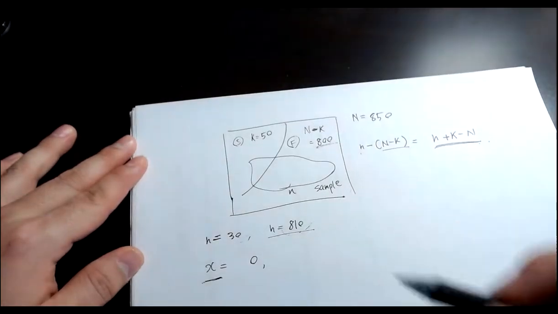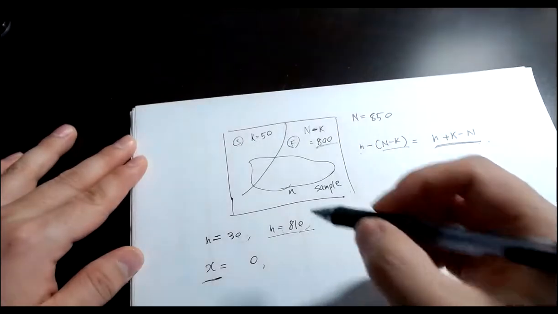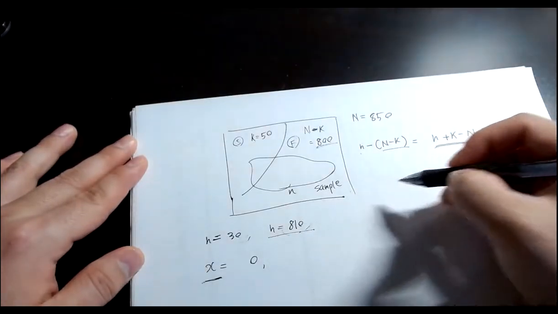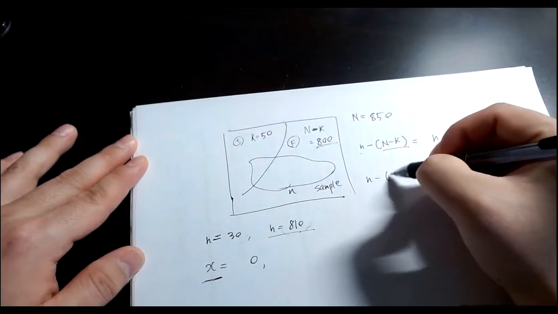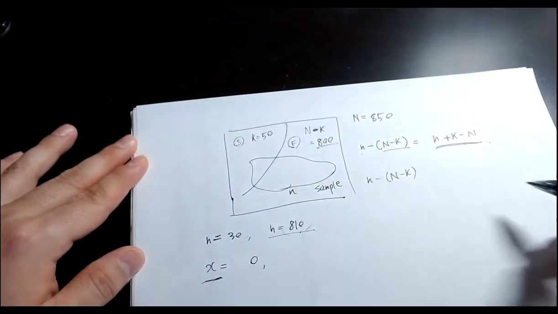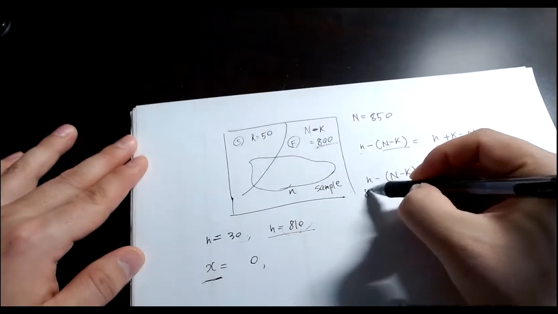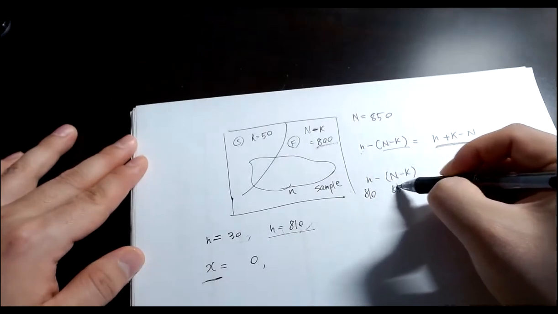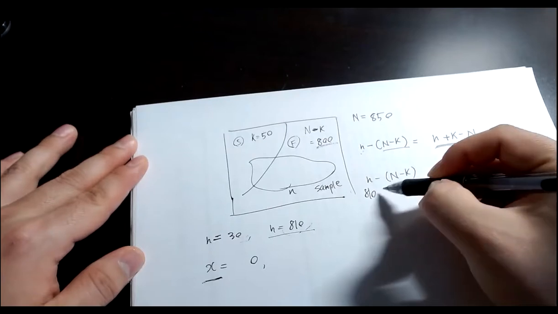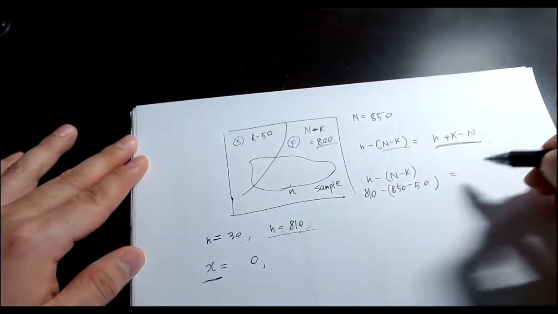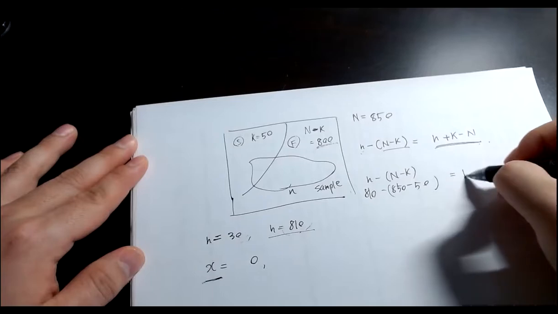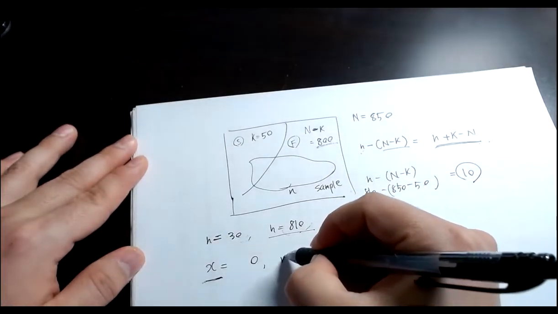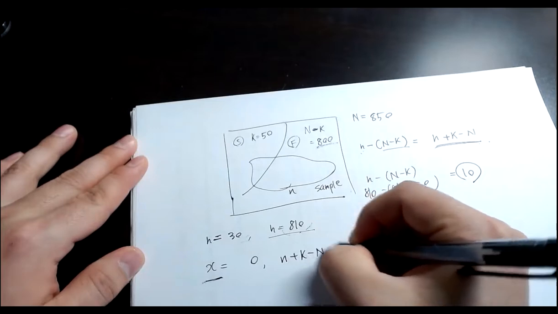So to generalize this one, we're going to get this. Actually, n minus (N minus k), when you calculate this: n is 810, capital N is 850, and k is 50. That's going to be 10, right? So that's why we got this one, n plus k minus N, the maximum.